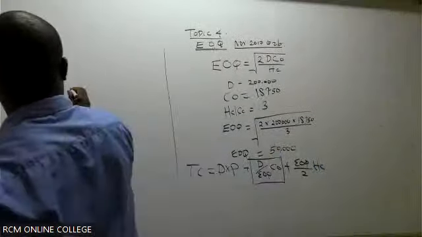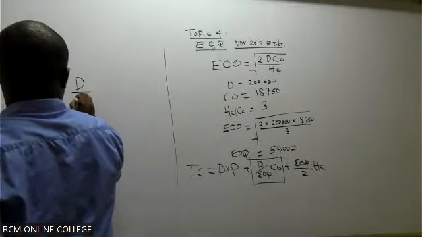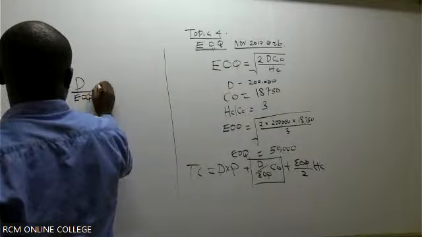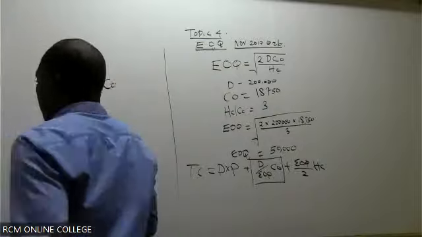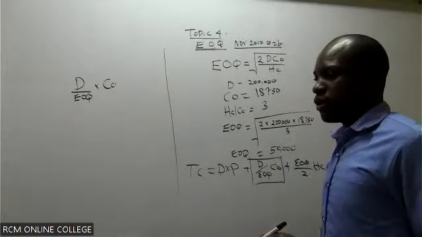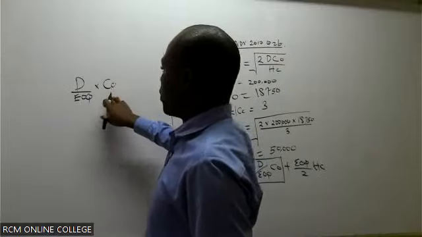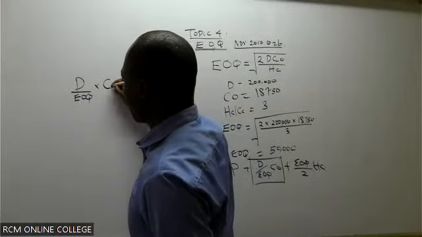Demand divided by economic order quantity. And you're able to see we are multiplying by ordering cost per order, not total ordering cost. Anytime we make an order, we are incurring this particular cost.